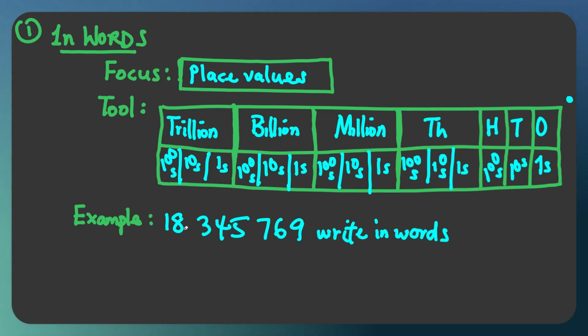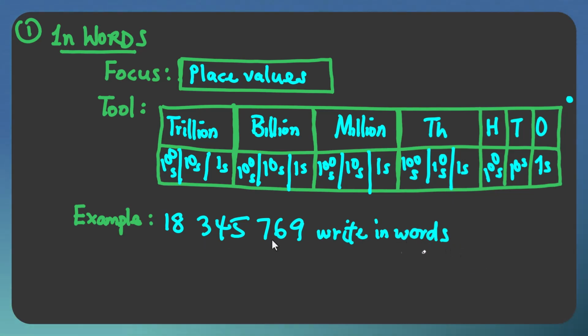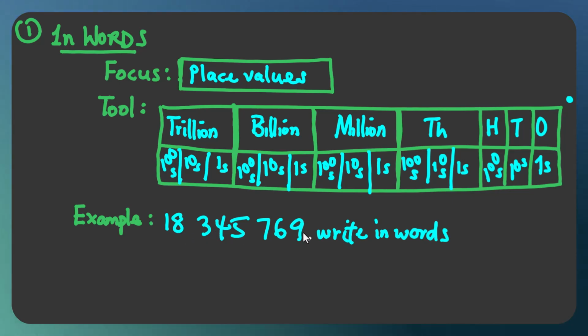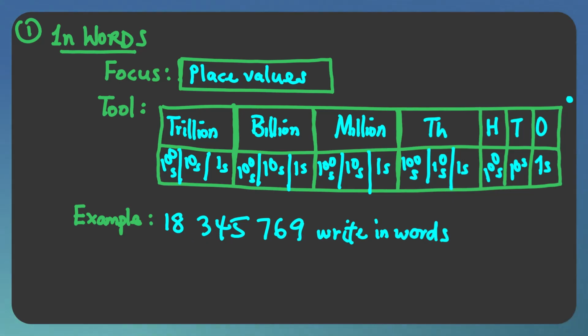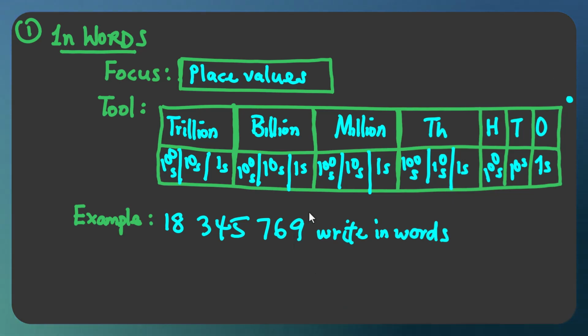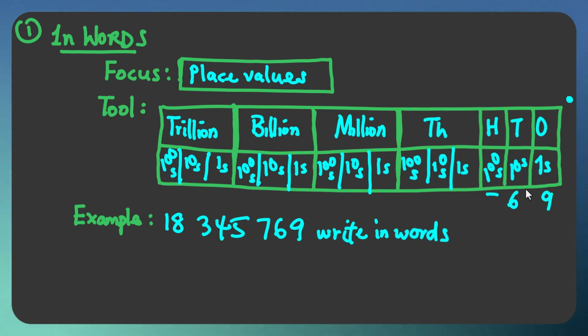To write this in words, we realize that this doesn't have any decimal point, so we are going to place our very last digit at the far right of the place value, which is 9 followed by 6, 7. Therefore, once we have placed our digits in the proper classification or place value, then we can pronounce them in words.